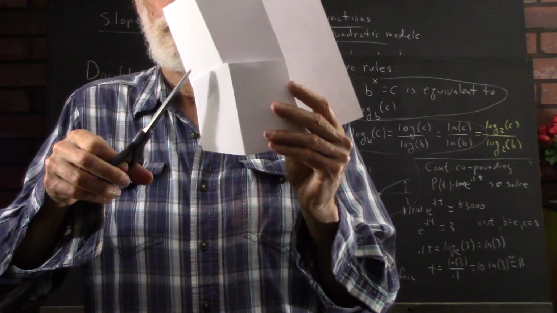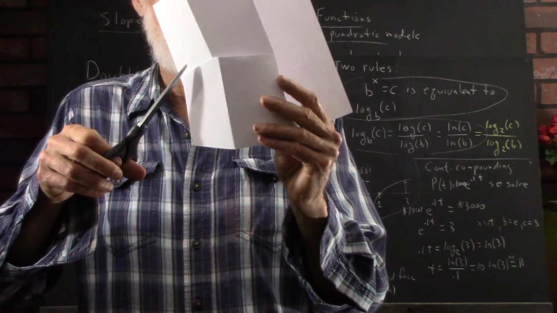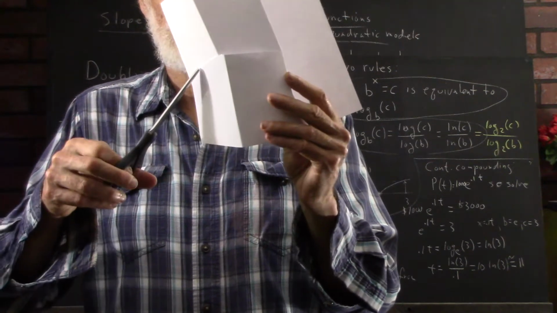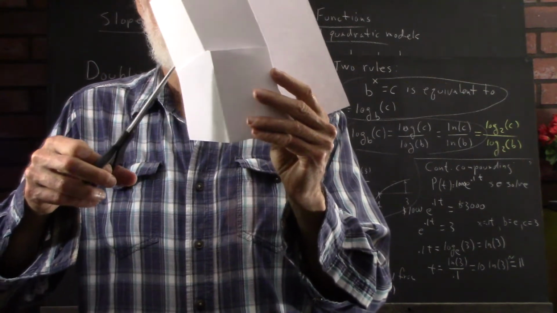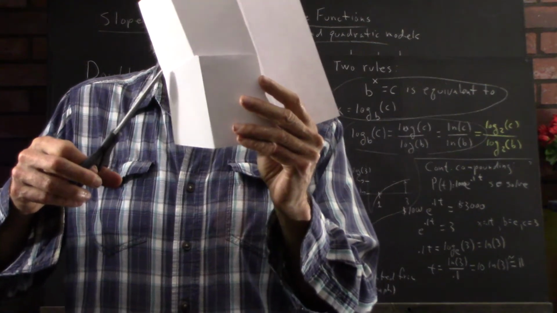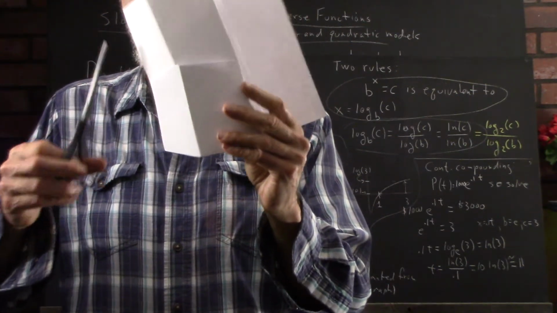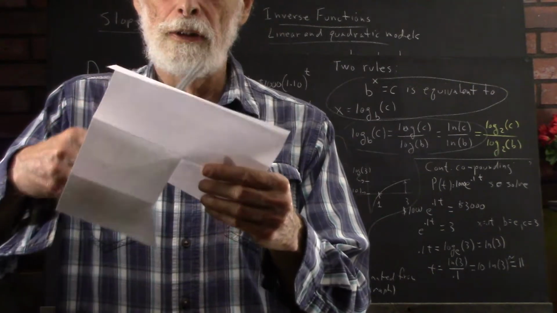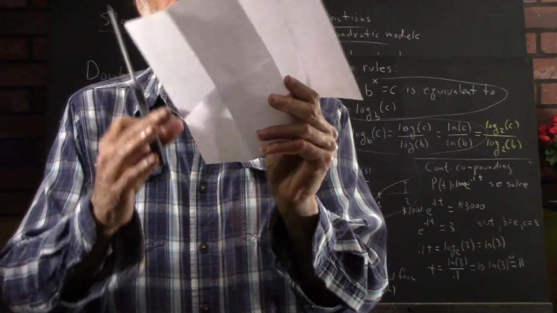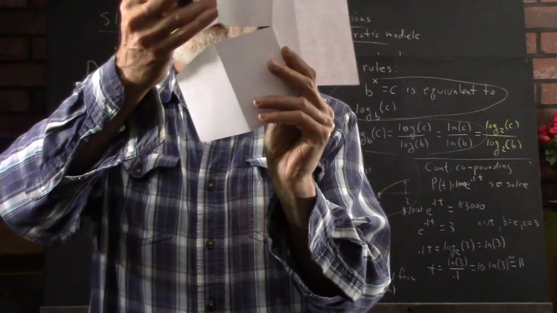So the second cut, looking at it from where I'm seeing it, has a negative slope. It's decreasing. So the third cut should have a positive slope that's equal in magnitude to the negative slope. That's not going to be exactly equal in magnitude, but I'm going to try to go down here at the same angle at which I went up on the first cut.